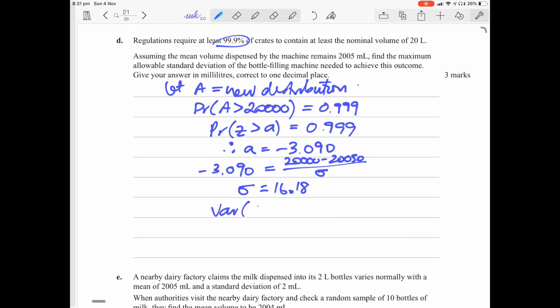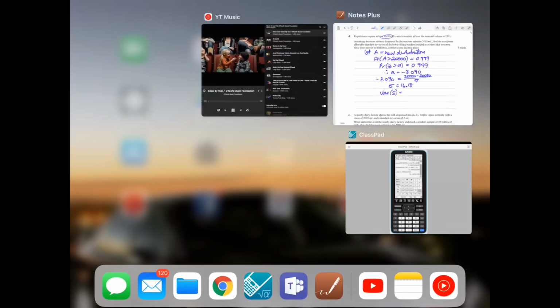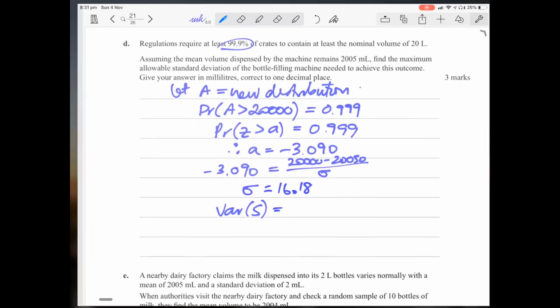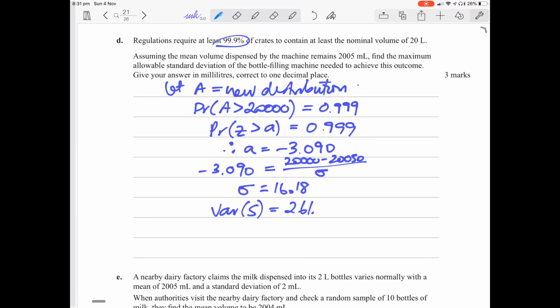So variance of S is 16.18 squared, 261.79. So if we want the variance of x, we've got to divide that by 10, which is 26.18.